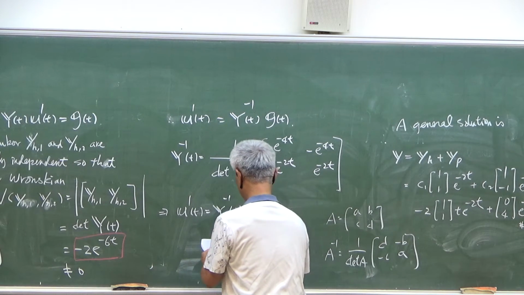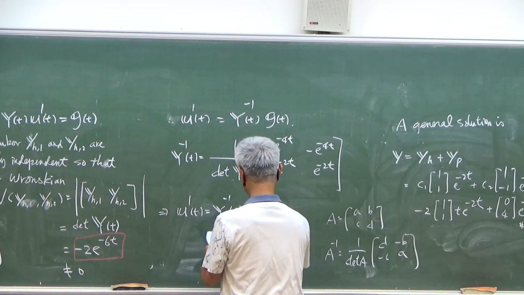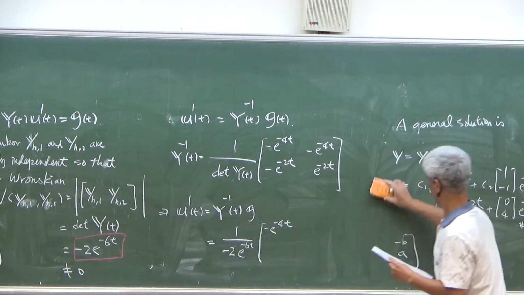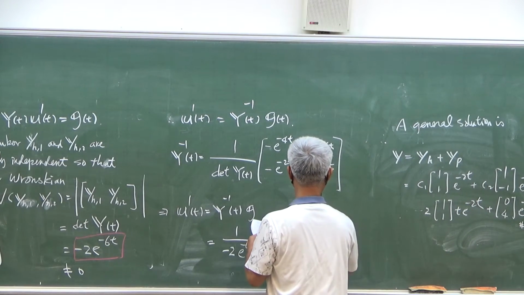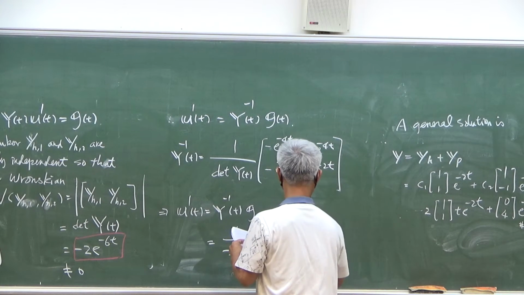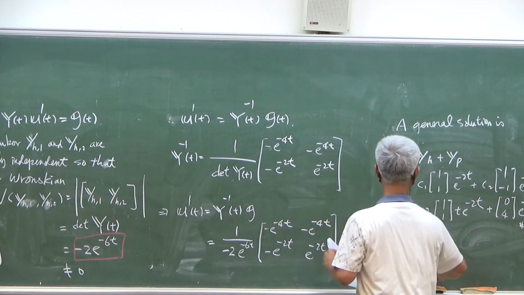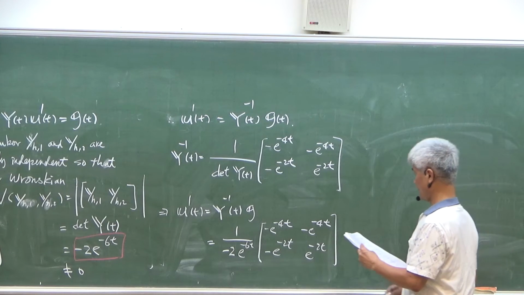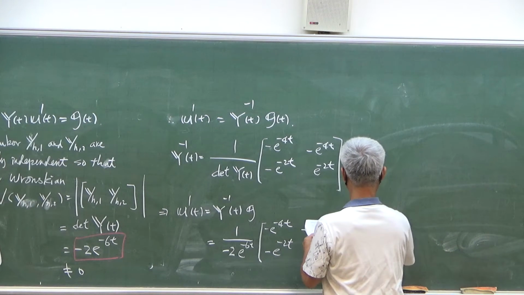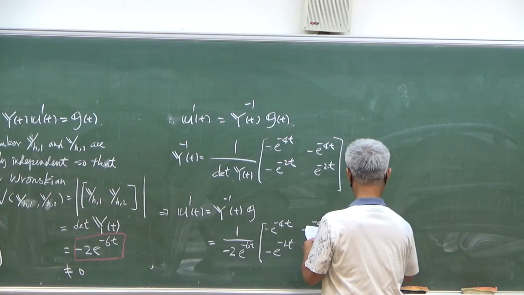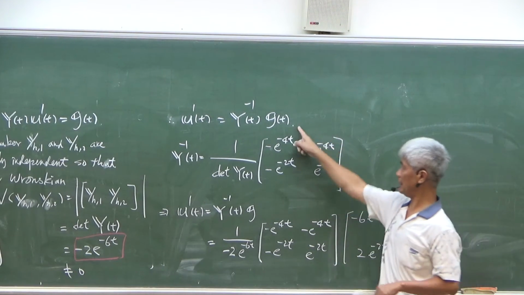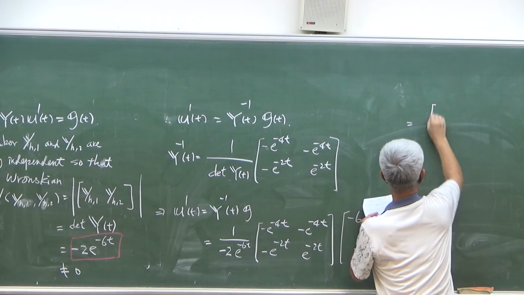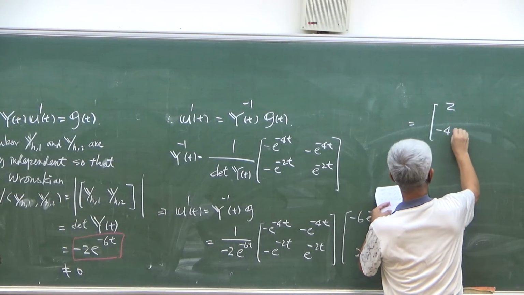So here we have e here. And okay, so you put it there. So you find that the solution is 2 minus 4t.